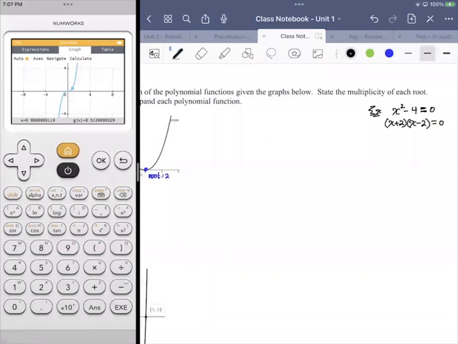equals 0. This would be your set of factors. Then you would take each of the two factors and set them equal to 0, and solve.